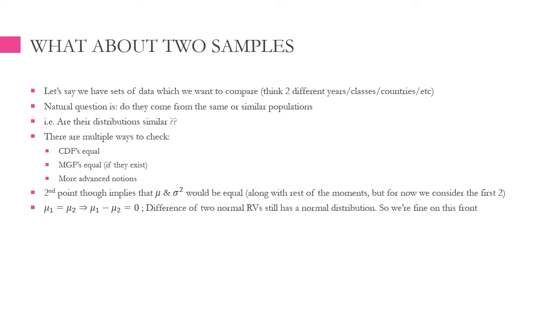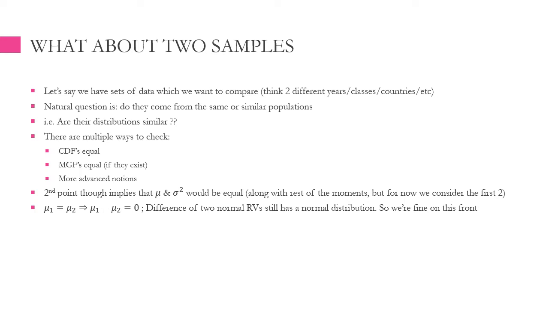So let's say one sample we subscript by 1 and another sample we subscript by 2. If the population means are the same, that implies that mu1 minus mu2 is equal to 0.